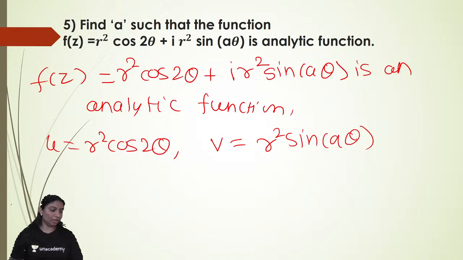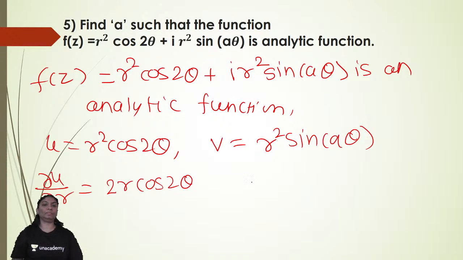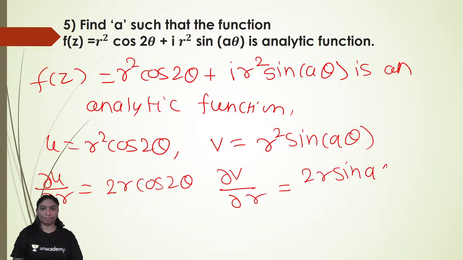So you will get here ∂u/∂r, that is 2r into cos 2 theta, then ∂v/∂r is 2r sin a theta, right?